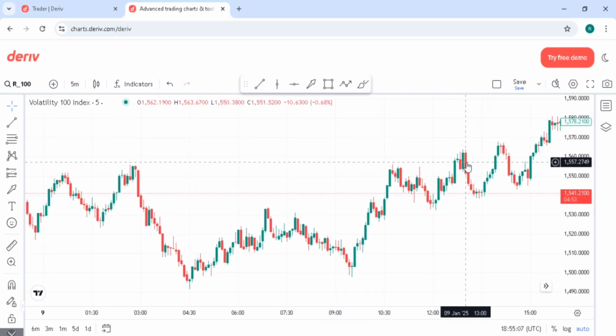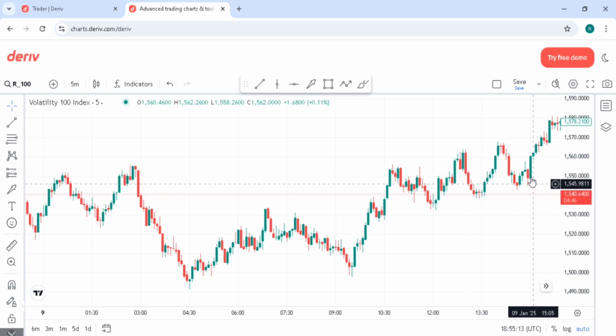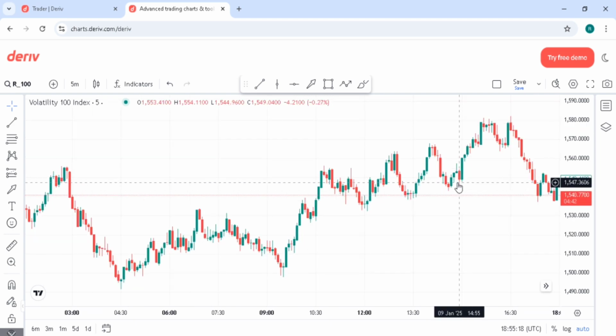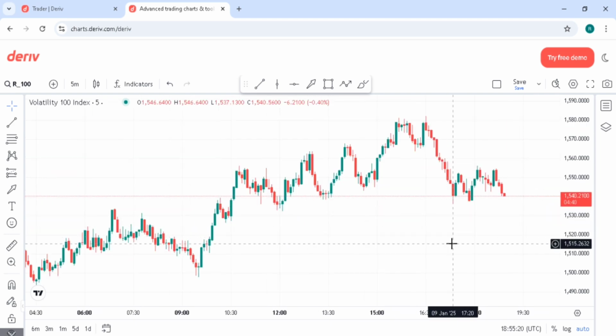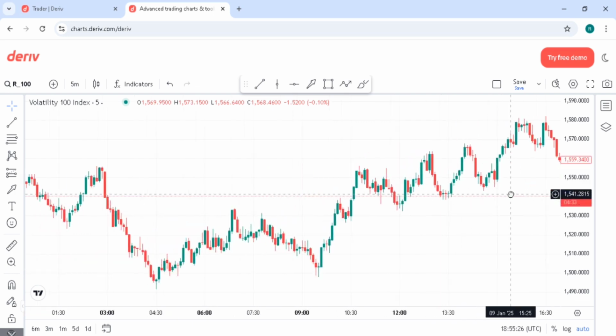Exactly. If you look at this one, here we have a bearish engulfing pattern. Here we have a bullish engulfing pattern, but I don't like this one because there is no clear trend. Remember we said make sure that there is a clear trend. This one is a bearish and bullish engulfing pattern.